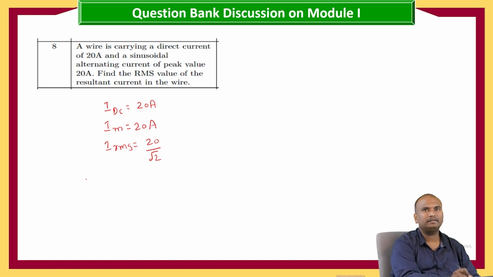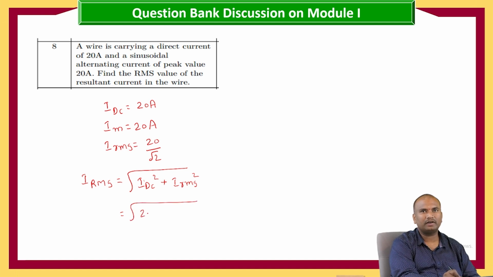So the resultant RMS value, IRMS, is equal to the square root of IDC square plus IRMS square, which is equal to the square root of 20 square plus (20 by root 2) whole square, which is equal to 24.5 amperes.